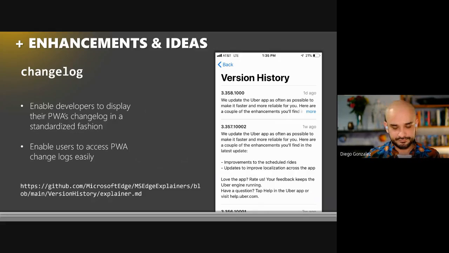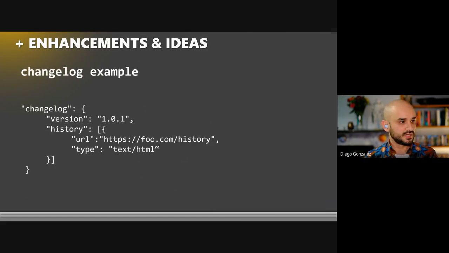The way the changelog would work is by adding this snippet of code to a manifest file that would have information on the version and the history, and a link to the history of all the previous changelogs. So that's one idea on how we can enhance manifest files in order to cater to a more storefront type of experience.